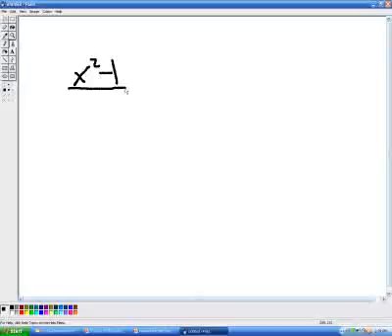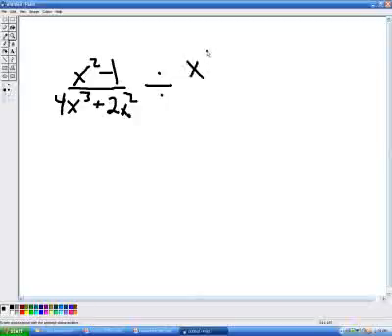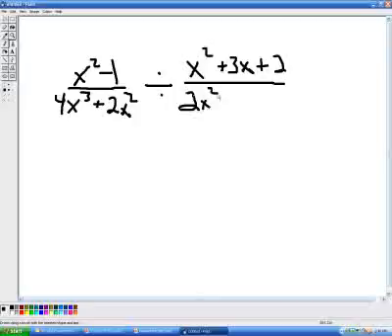It just makes it so much easier. x squared minus 1 over x, let's say 4x cubed plus 2x squared, divided by x squared plus 3x plus 2 over, let's make it 2x to the 4th minus 8x squared. Alright, there's our problem.